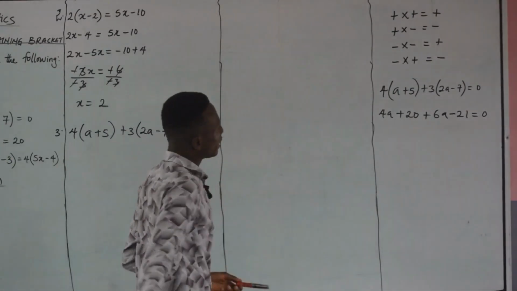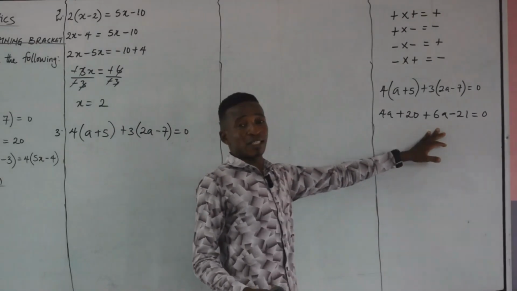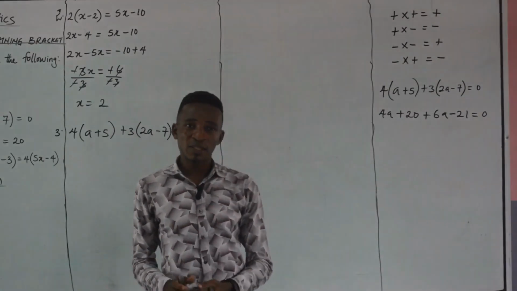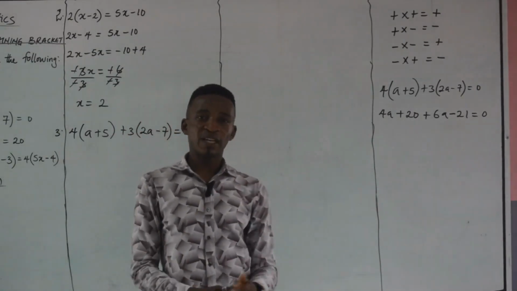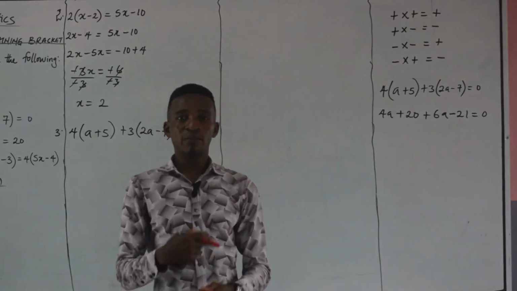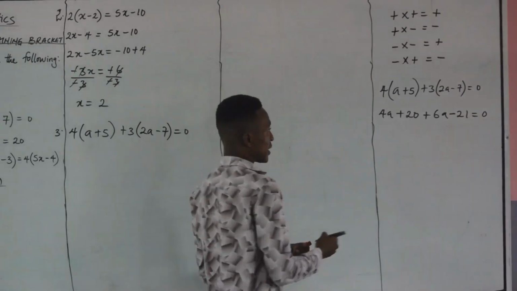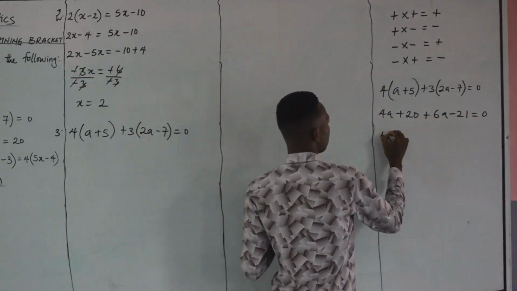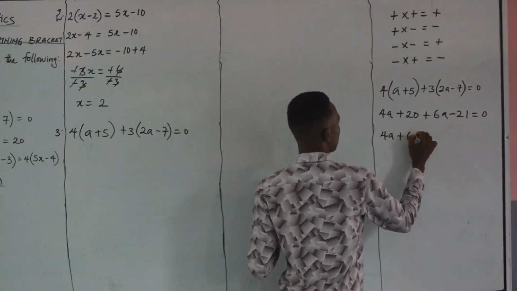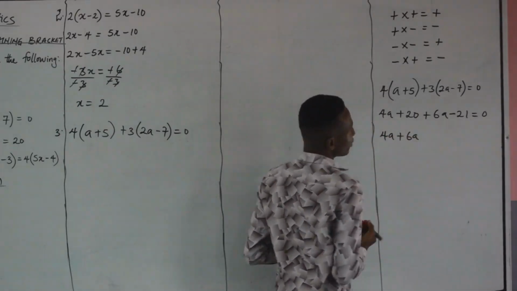Now, after opening the bracket, the next thing we need to do is just for us to collect our like terms. Now, when you are collecting the like terms, like I said, put all the algebra on the left hand side, the numbers go to the right hand side. So the algebra here we have 4a and 6a. So we have 4a plus 6a. That's all.